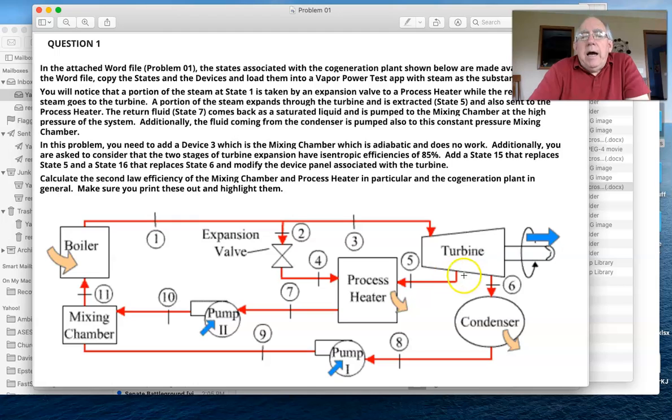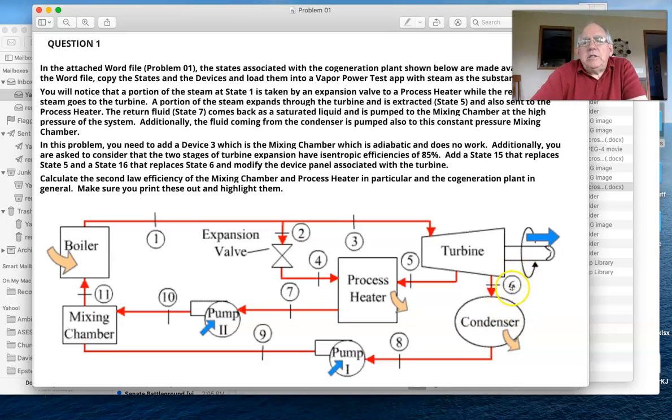Now, with that in mind, one has to keep in mind that that's the true state going through the second stage of the turbine. And so when one goes through the second stage of the turbine, state 6 is going to be the isentropic condition.